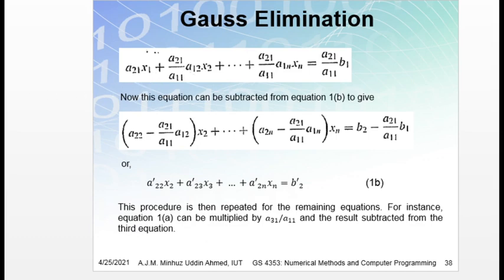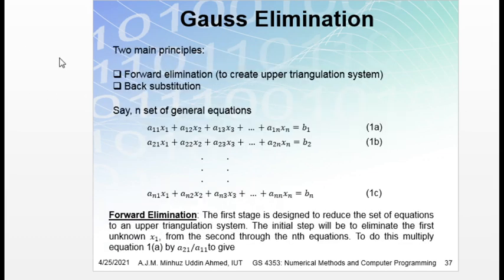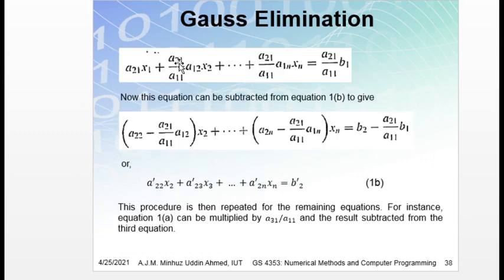Just because if we multiply 1a with a21 by a11, this one will become a21, and this one will become, as it is shown here, a21 by a11 multiplied by a12 into x2, and all these things will be multiplied by the same thing, and finally you will obtain this equation, the new equation.